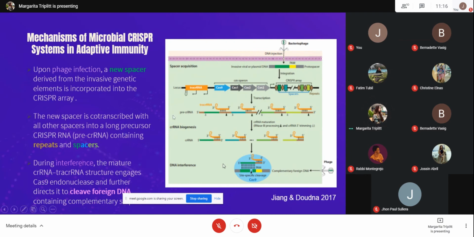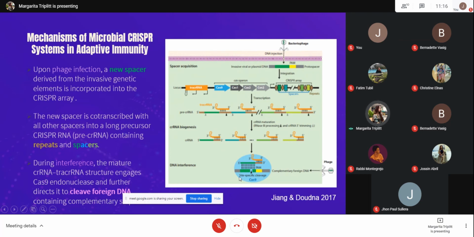So in interference, the binding is helped by the PAM or protospacer adjacent motif, which further specifies where the guide RNA and the Cas9 protein would bind.